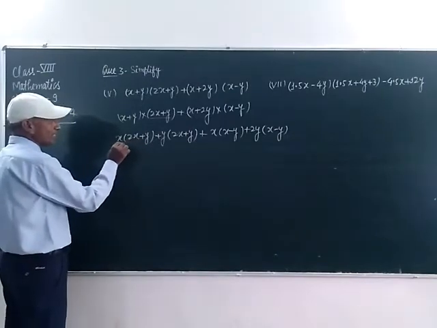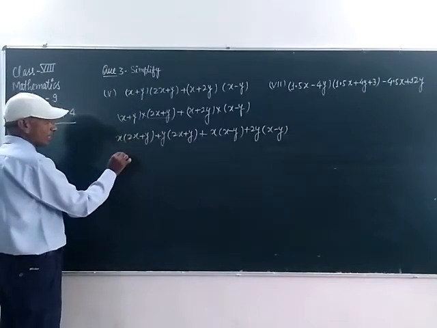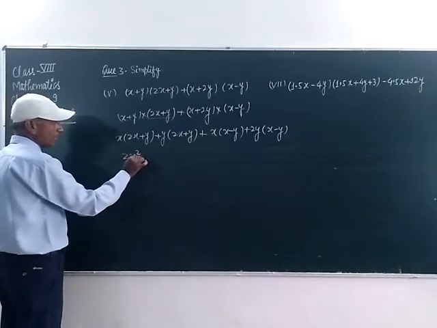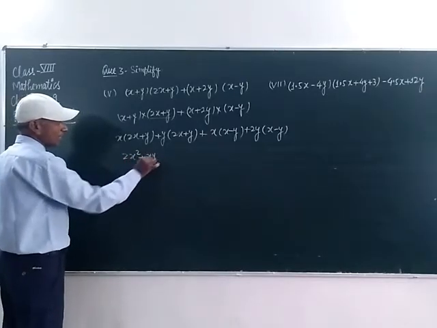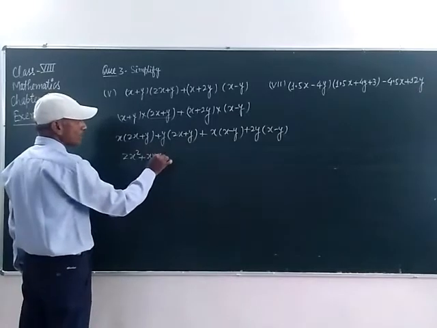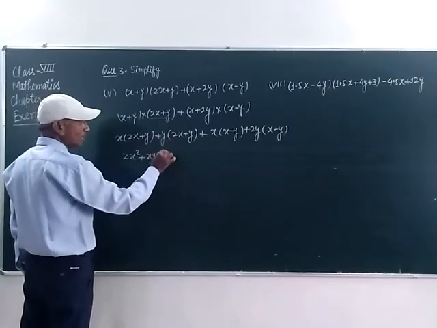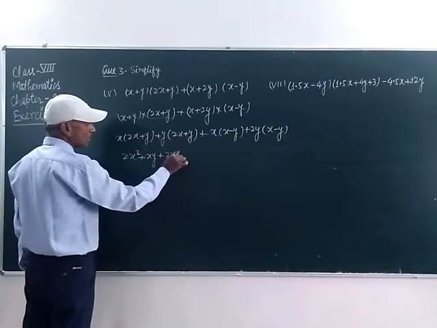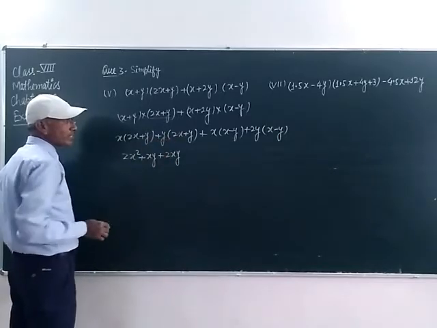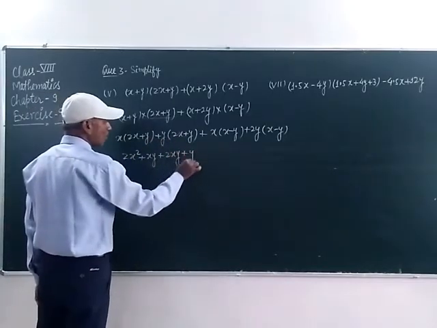When we multiply x with 2x, student, it will be 2x² plus xy, this one, plus 2xy after multiplying y with 2x, plus y².